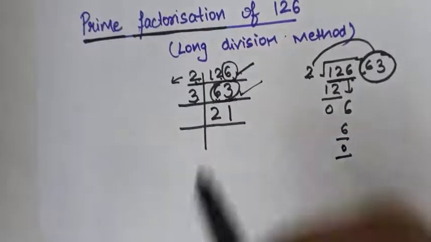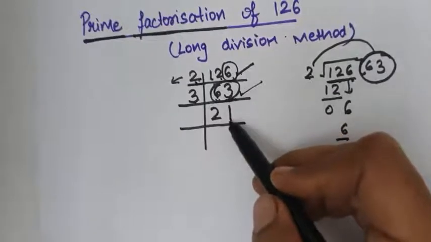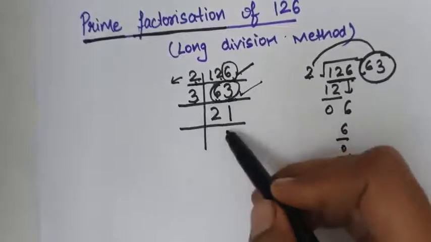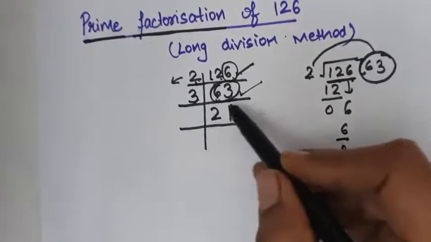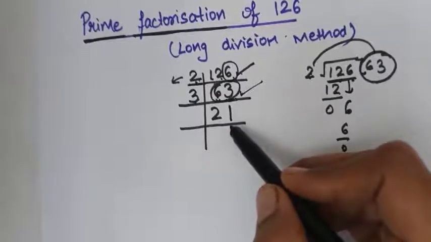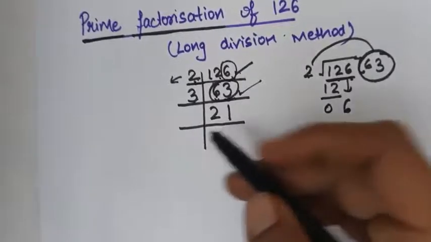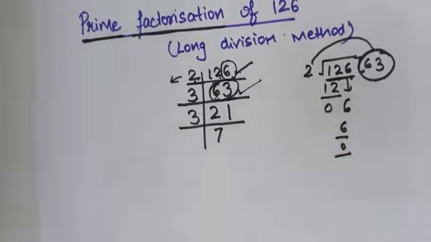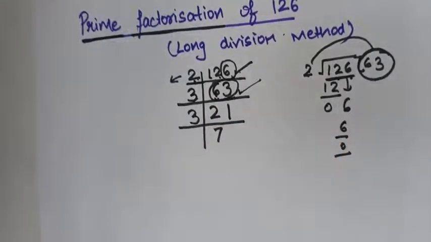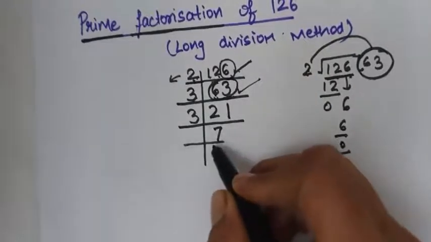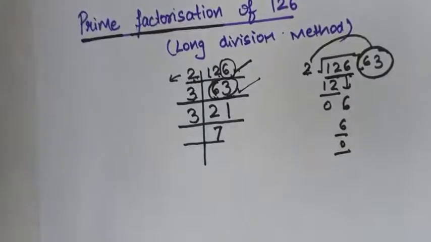Now you can also check this by division. Okay. Now 21 does not come in the table of 2. Is 21 divisible by 3? Yes, we know this very well because 3 times 7 is 21. Clear? Now we have 7, and 7 is a prime number.